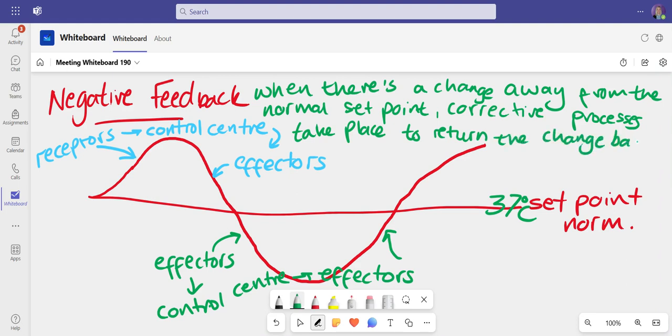It's quite long, isn't it? But at least you've got a definition then, okay?